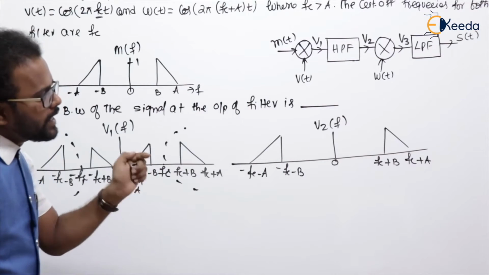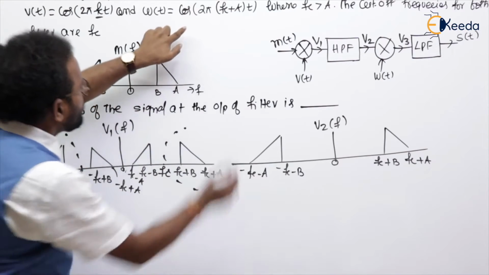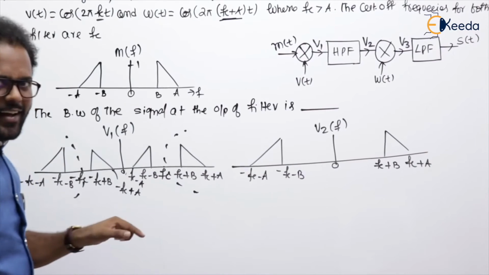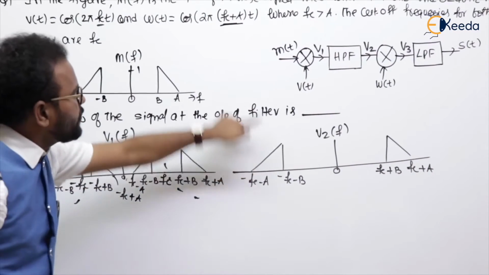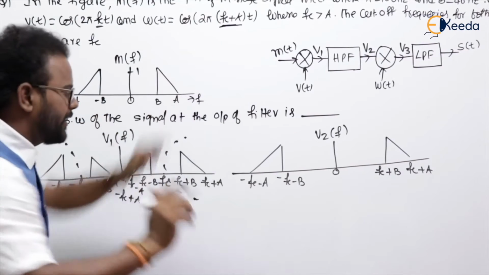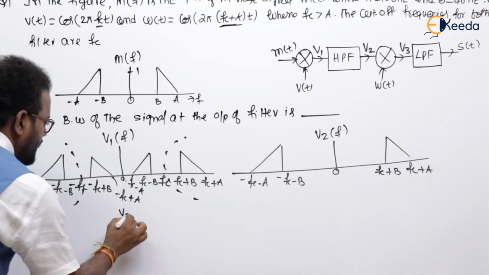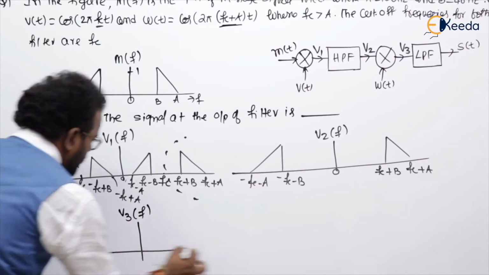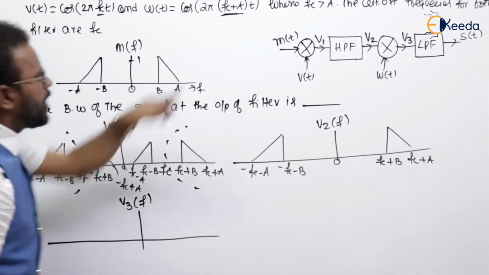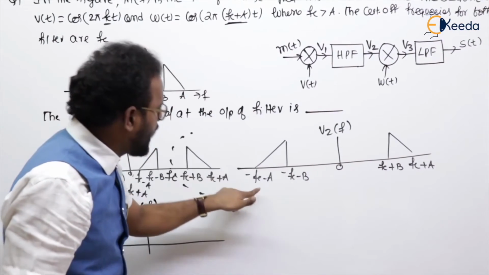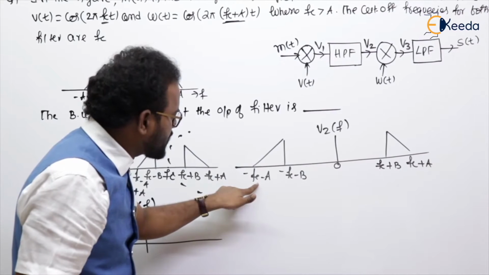Next, given to another multiplier of frequency fc plus a, and this spectrum is shifted. If you are not understanding that, add and subtract. So what is V3 of f? Add one time, subtract another time. First time I am adding the carrier frequency fc plus a. Minus fc plus fc, cancelled.